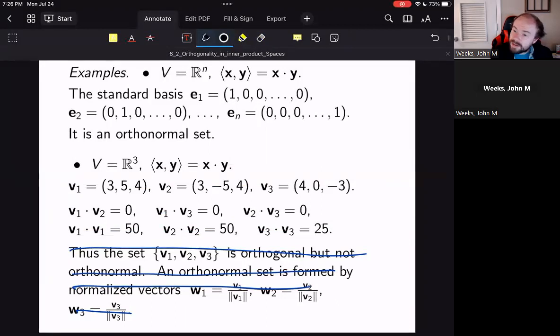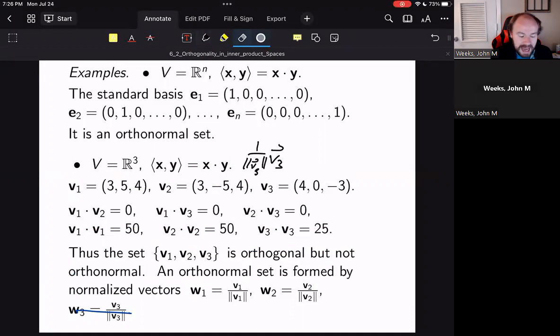Now, how can I take v3 and make it a length 1 vector? Since it's a length 5 vector, I can divide it by 5. Namely, I can divide it by the length of the vector. So even if I'm just given a set that is orthogonal but not orthonormal, I can still form an orthonormal set by normalizing each of the vectors.